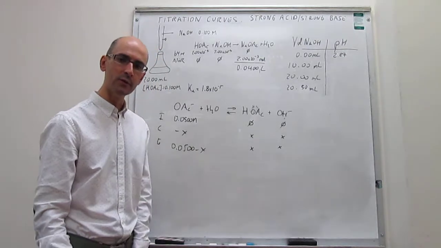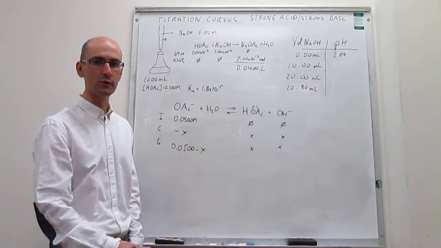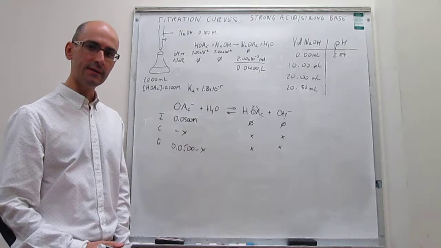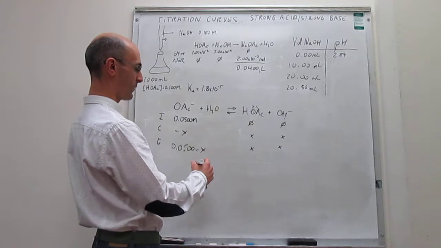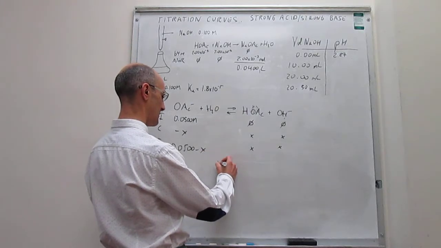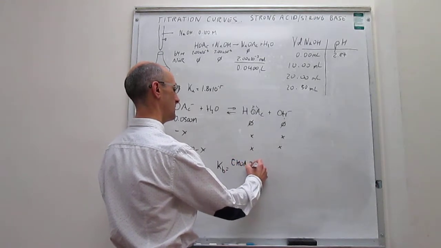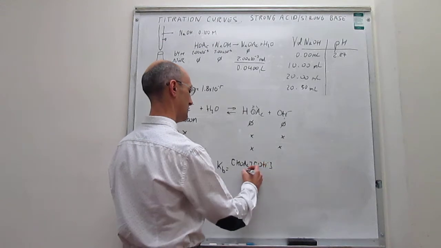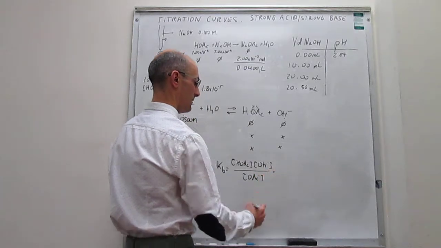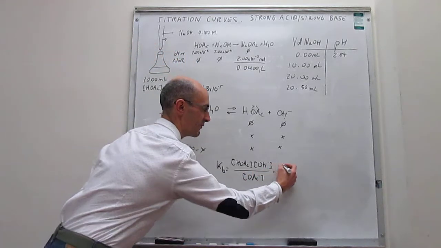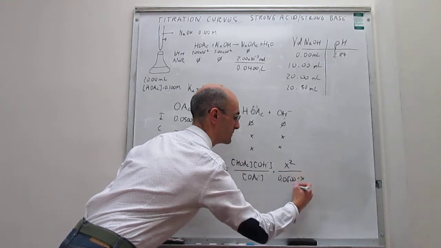Right, so from here we have to go into the equilibrium expression and then figure out what that equilibrium constant is and how to solve for x. Now remember that this is now the conjugate base of a weak acid, right? So let me see where I can write here the equilibrium constant. Okay, so Kb is going to be equal to the concentration of acetic acid times the concentration of hydroxide over the concentration of the conjugate base, which from our ICE diagram is x squared over 0.05 minus x.